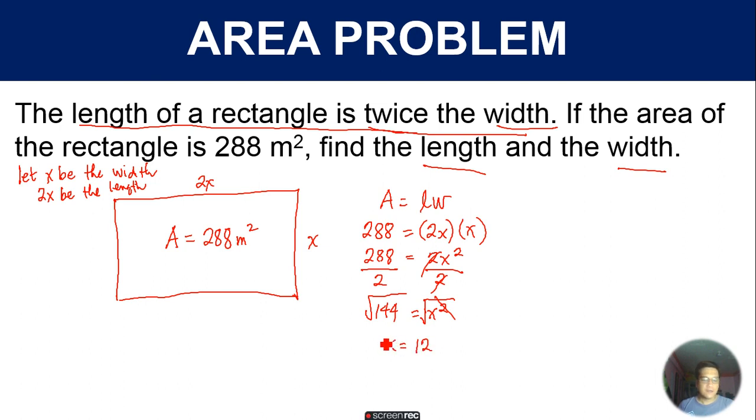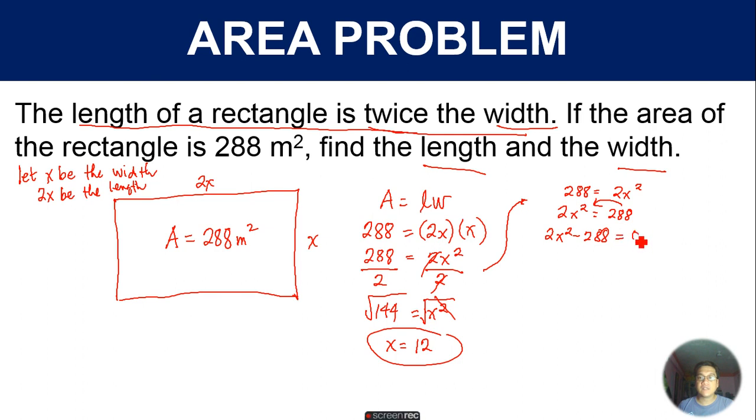So that is 12. Now, you can also do this by factoring. If you want to factor this out, 288 is equal to 2x squared. Then you transpose 288 to the other side, so that will be 2x squared minus 288 is equal to 0.